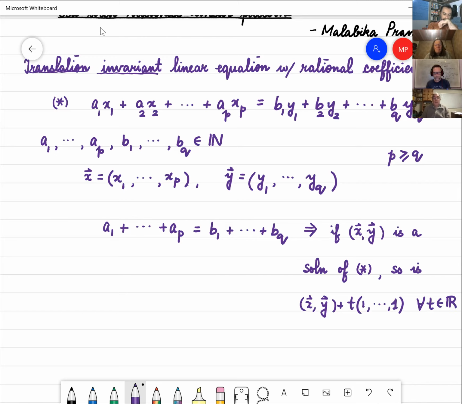Hence the name translation invariant. All right, so we'll be interested in determining the solvability or not of such an equation.